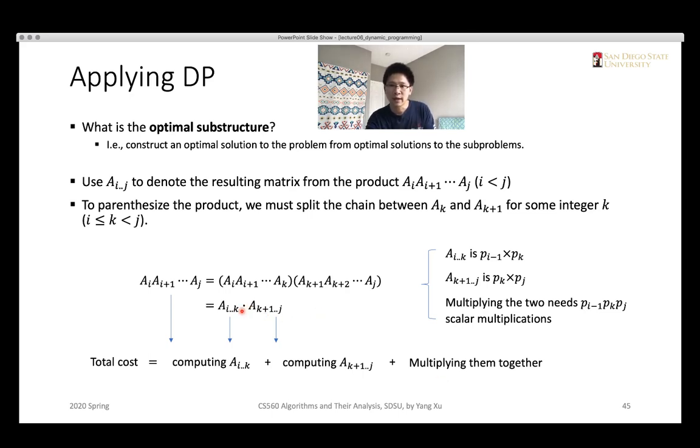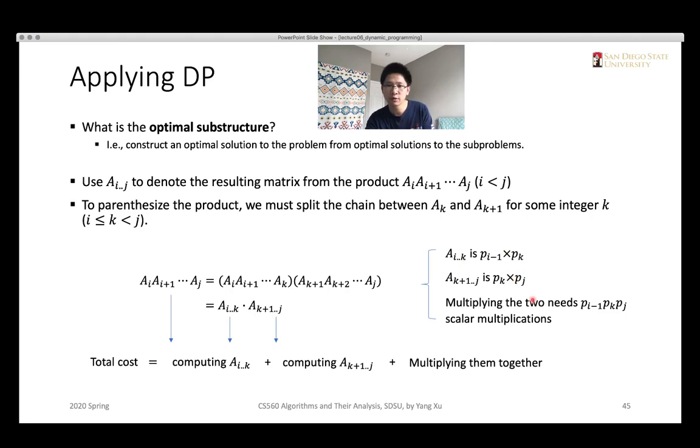Because we know that the resulting matrix A subscript I to K has dimension P subscript I minus 1 rows and P subscript k columns, and the right resulting matrix must be P subscript k by P subscript j. Okay, so that's determined, that's just following the rules of matrix multiplication.